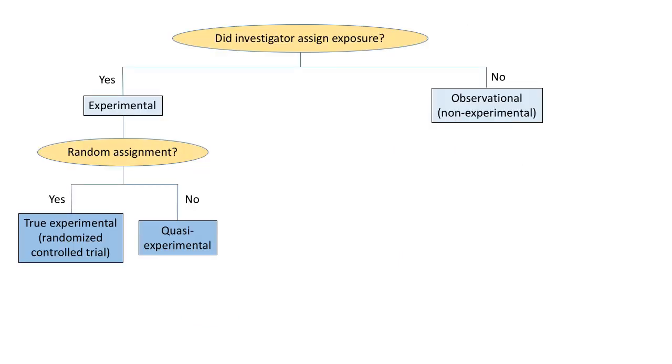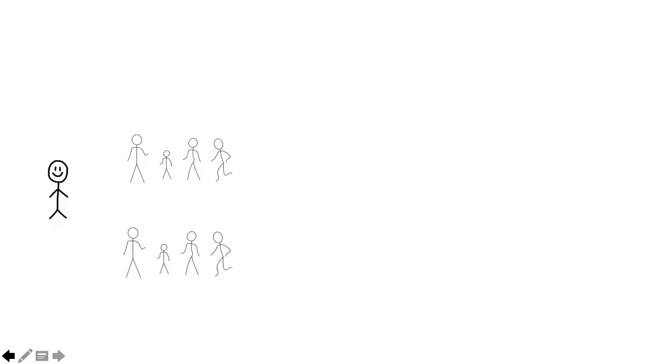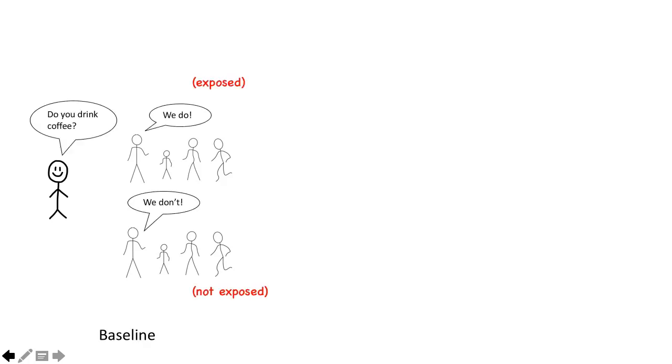Now let's move on to observational study designs. The primary feature that distinguishes these studies is directionality, which has to do with when exposure and outcome information is collected. In one kind of study, you recruit a sample of participants and ask them about their exposure, coffee consumption, at what we call baseline. This is important.